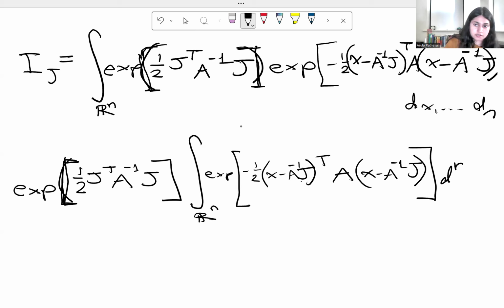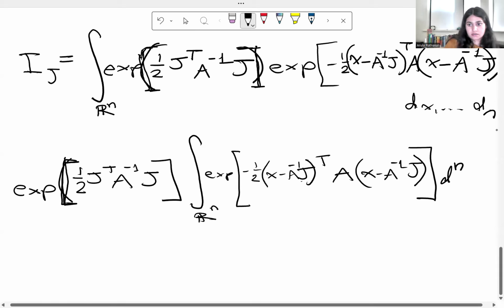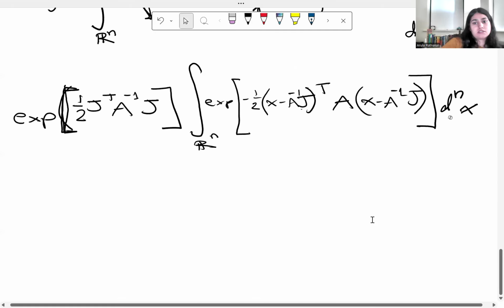And I'm just going to start writing these dx1 to dxn as d to the n of x for compact notation.